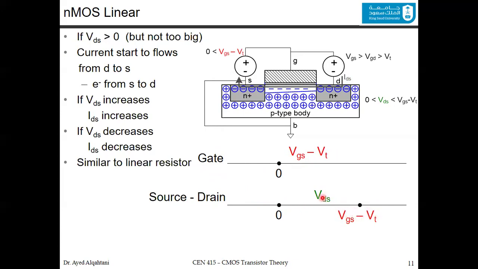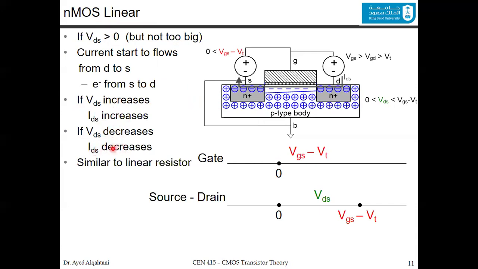If VDS is still between 0 and VGS minus V threshold, we say that the NMOS is in the linear region, and there is current flowing between the source and the drain, where if VDS increases, IDS also increases. If VDS decreases, then IDS also decreases.